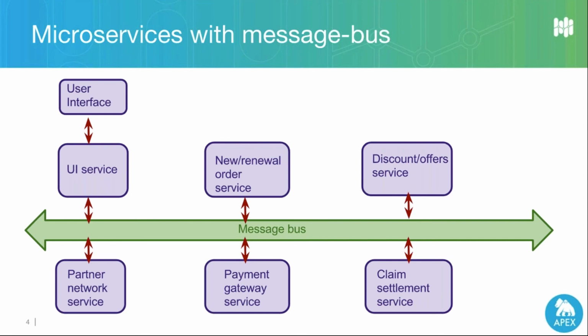So the same use case we are trying to map to a microservices architecture with a common message bus in between. In particular, you can have a message bus with Kafka, or you can choose some other message bus, let's say RabbitMQ, depending on your requirements.